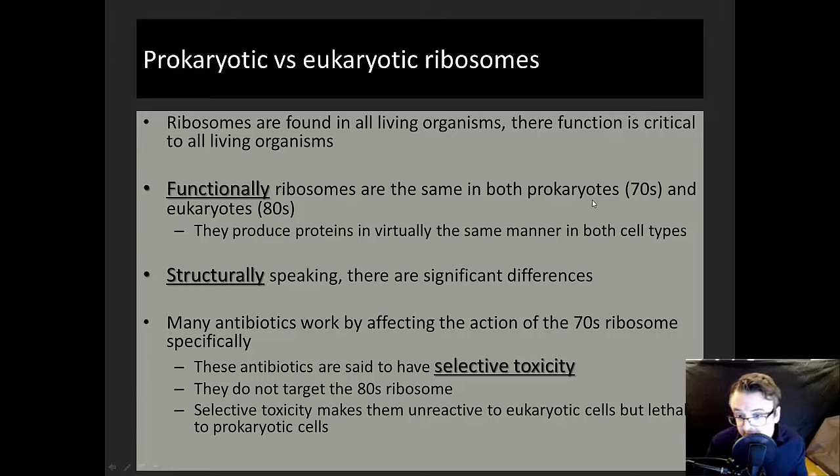When the drug targets the ribosome, if the ribosome is disabled, the cell dies. Without ribosomes and without the ability to produce protein, all cells will die within a short amount of time. So by disabling the ribosome, you essentially kill the cell indirectly. That's the idea of selective toxicity and how that would apply in an example where a drug might target the 70S and not the 80S.